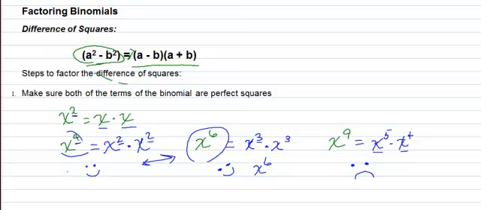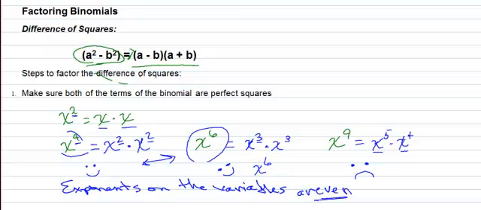The pattern that we would find is that when the exponents on the variables are even, they're perfect squares. As soon as we see that they're not even, like this x to the ninth that we talked about, we know that they're not a perfect square.